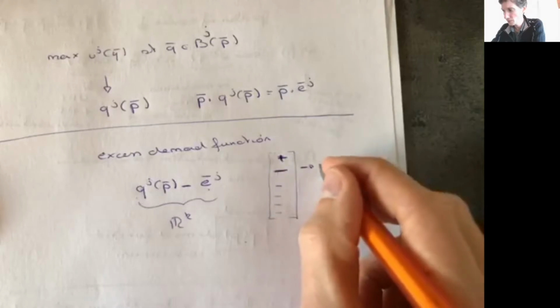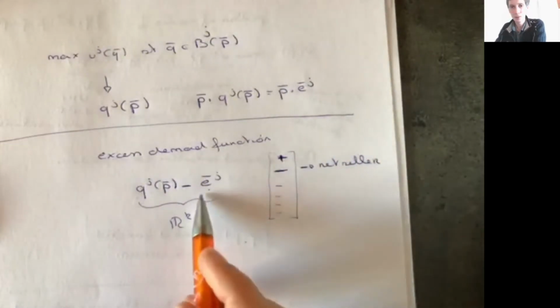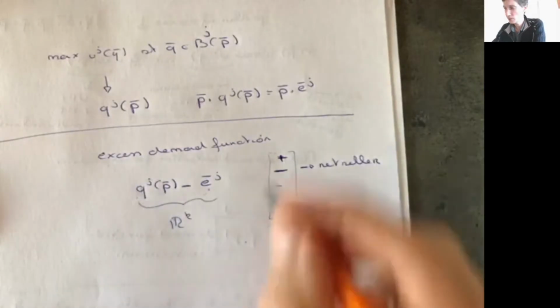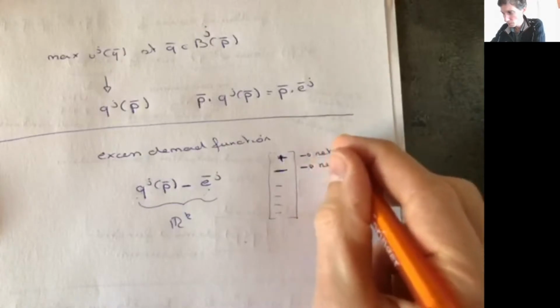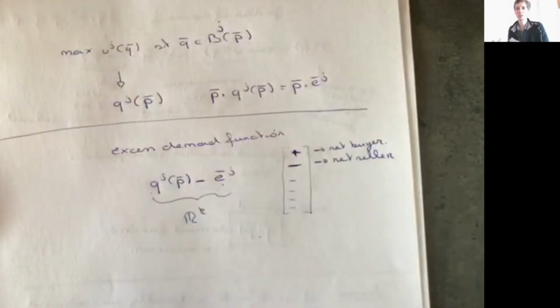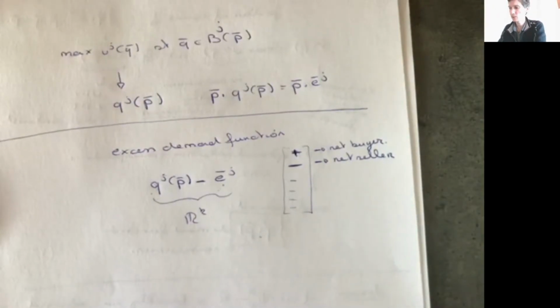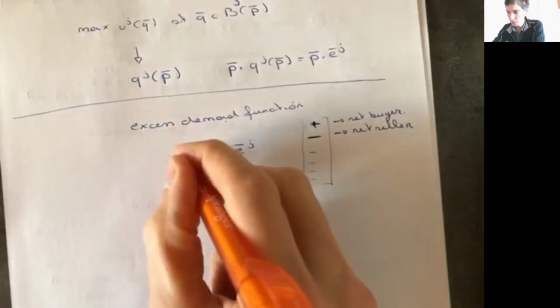If it's negative, then the consumer will sell more than he buys, so he's a net seller. If it's positive, then he's a net buyer of the good. So he buys more of the good than he actually has, so he has to purchase an additional amount on the market. Okay, so this is the excess demand function for consumer J.